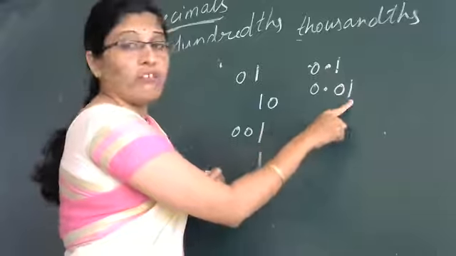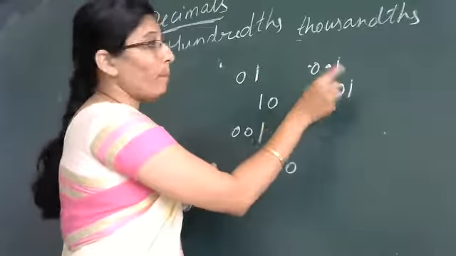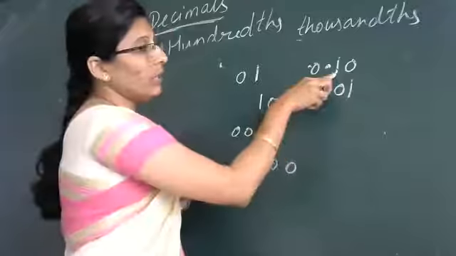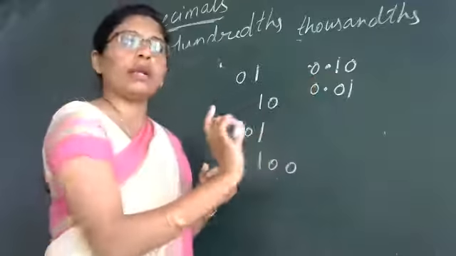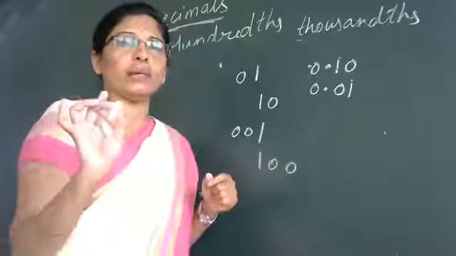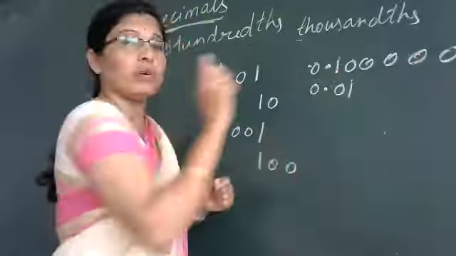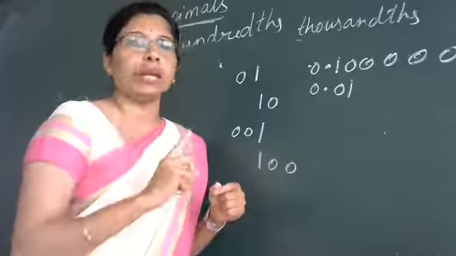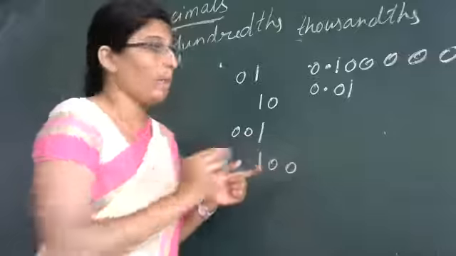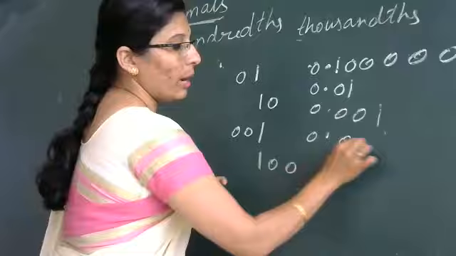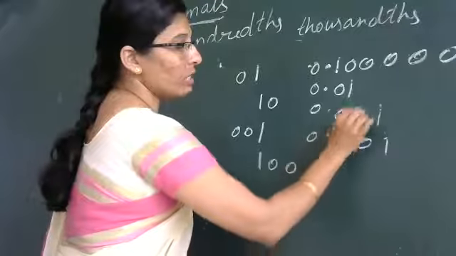So this is different from this. But if you put a 0 on the back side, it is the same, 0.1 only. It is not 0.10. Means if you put any zeros at the back, the place will be the 10th place only, it will not change. But if you put zeros in front, the place will change.